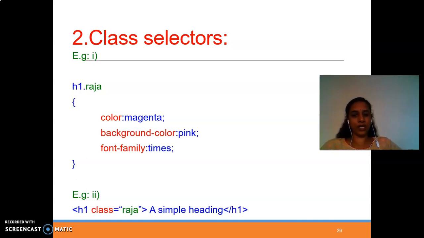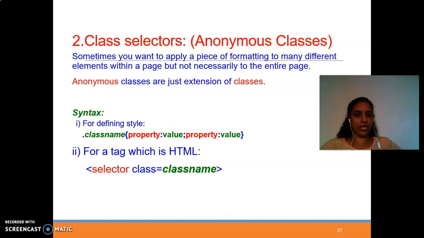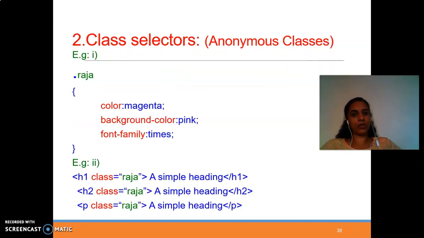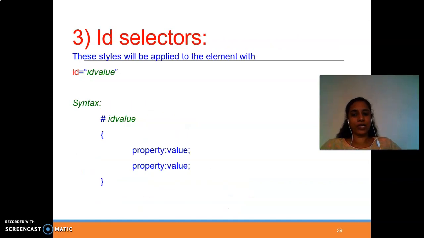Like Raja, I have created my own class called Raja, and this Raja class I can use in any number of style sheets hereafter in any number of web pages. The class names I can define along with the properties. Without a name also I can proceed. So directly I will apply class is equal to Raja, and all these 3 characteristic features I can apply n number of times on any number of styling elements.